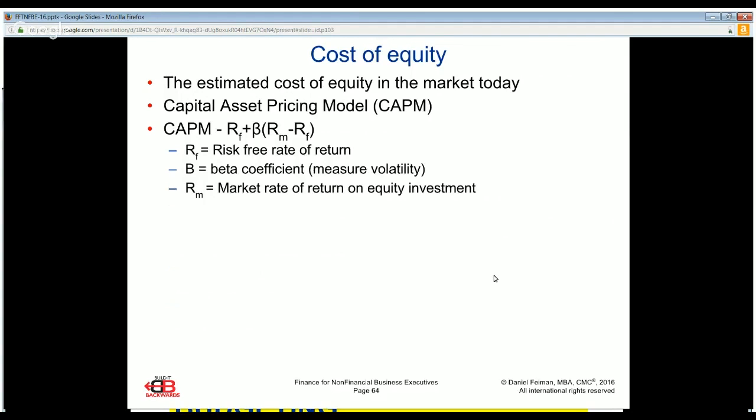Now, it's very important to recognize that betas can only be calculated for listed or public companies. If the organization we're looking at is not public, there is no beta coefficient. If there's no beta coefficient, there's no way to calculate the capital asset pricing model. So what do we do? Well, the reality is we have to look at other organizations similar to ours, as close as possible, that are listed or public, calculate their beta, and use that in the formula.